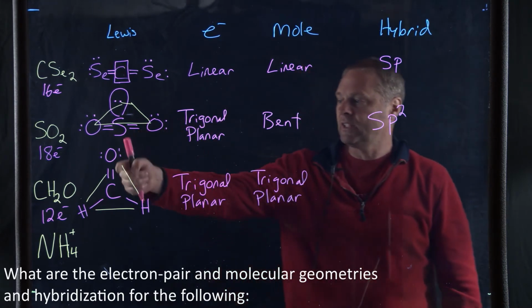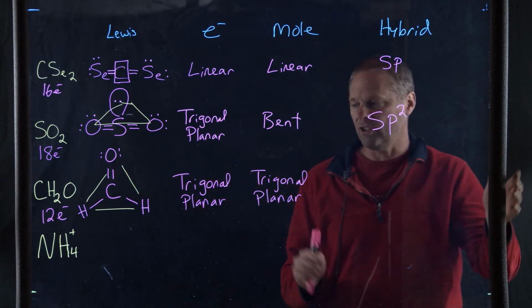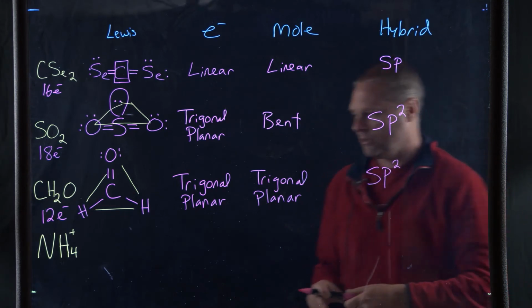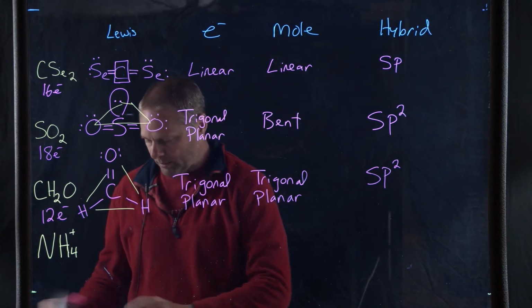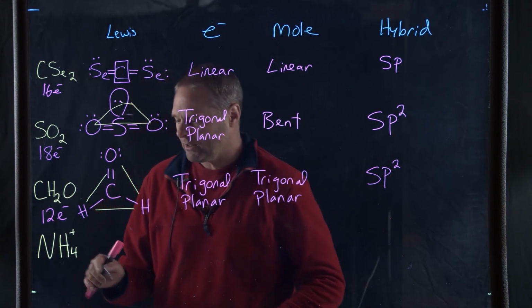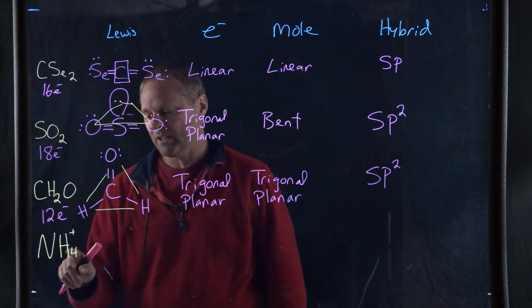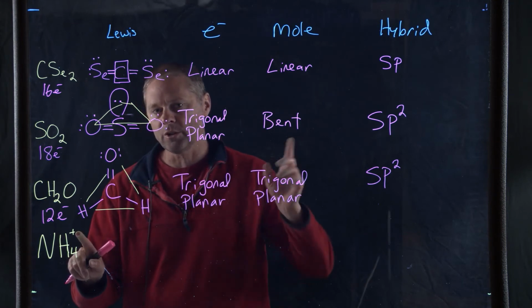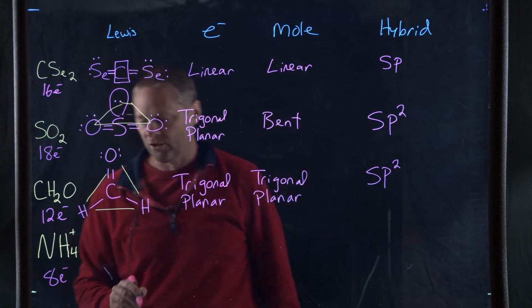Since it is going to be trigonal planar, the hybridization is going to be sp2. It'll be sp2 as well. Now we get to the ammonium cation. We count the number of valence electrons. Nitrogen has 5. Each hydrogen has 1, so that's going to give us 9. But we have a +1 here, which means it's going to lose an electron. So this has 8 valence electrons.